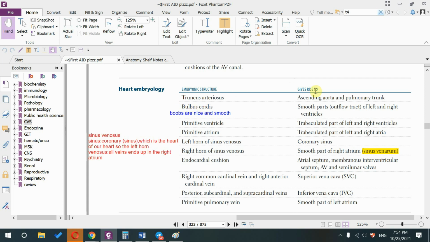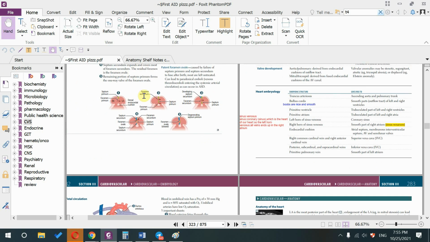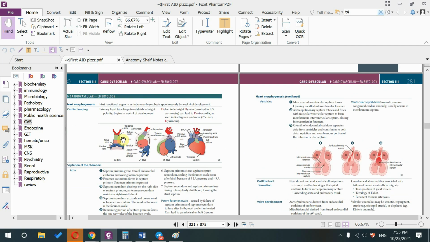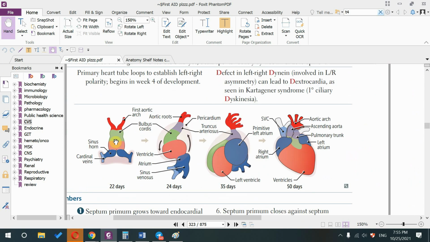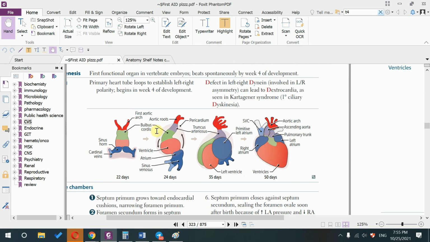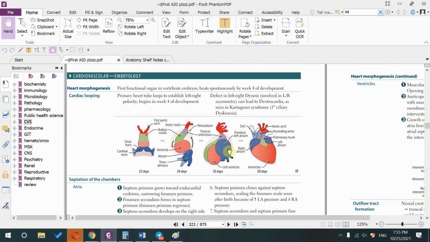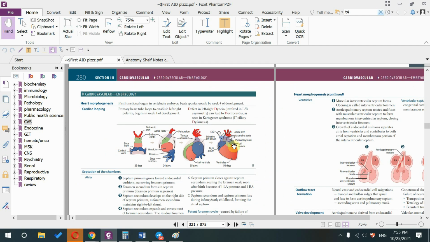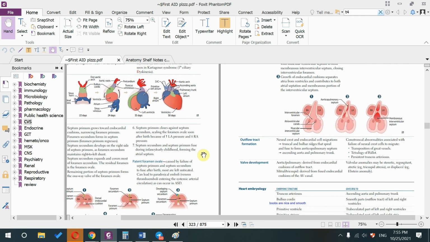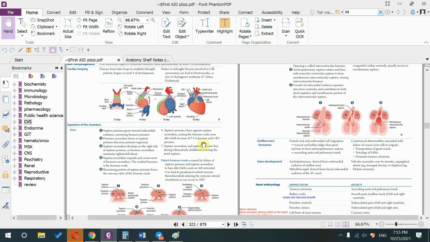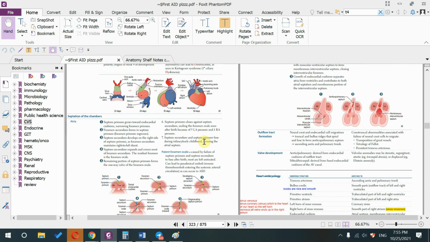Bulbus cordis, it's the smooth part, and you can see it here. It gives origin to what? The smooth portion of your ventricle, the uppermost portion. Please keep in mind that your ventricles have two portions: a trabeculated section and a smooth section.